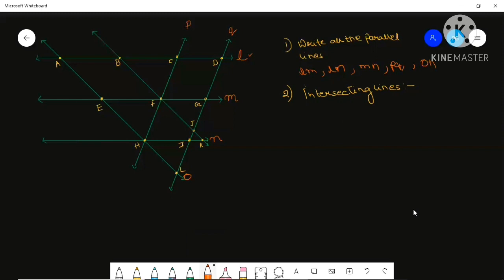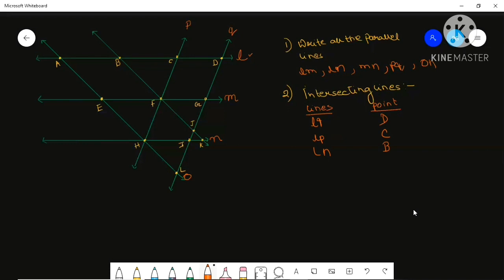See, L and Q. Let me write it this way, lines and points, so we can do it together. Which two lines? L and Q are intersecting with each other, LQ. At which point? Point D. Then you can say LP, and the point is C. Then L and N, they are intersecting at point B. Like this many are there, so you can write anything.